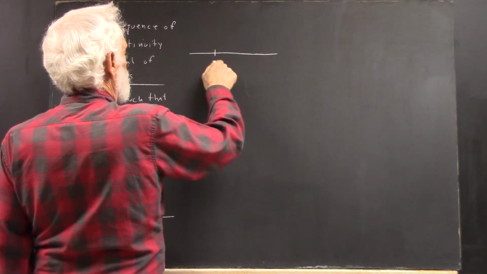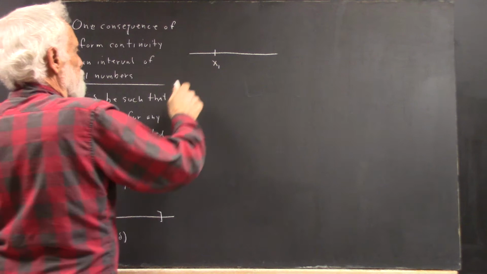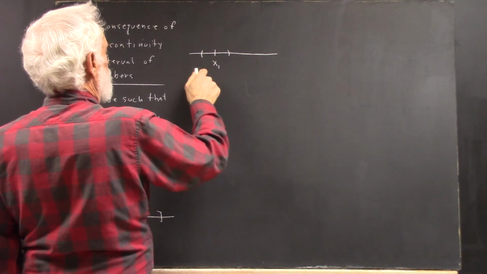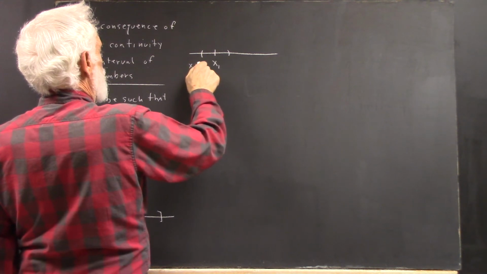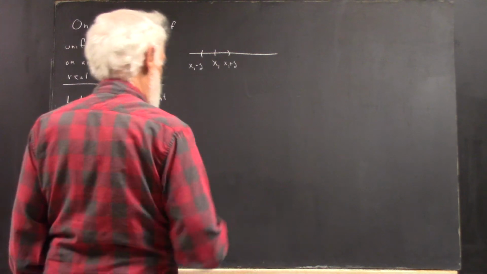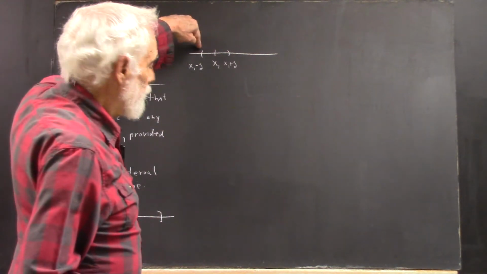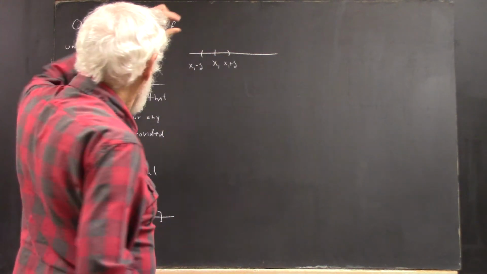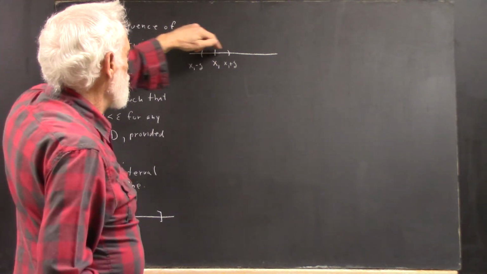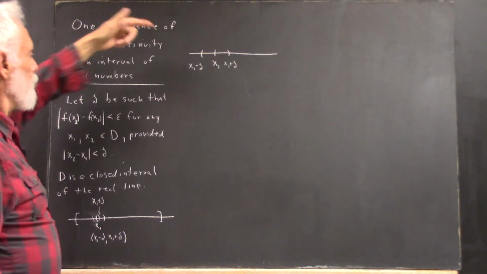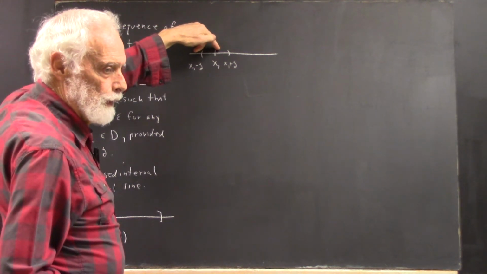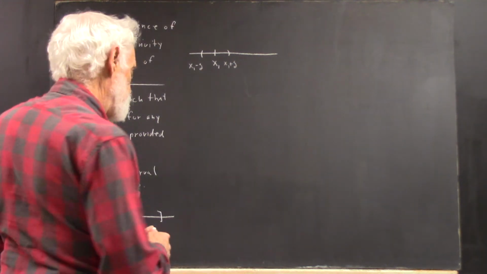Here's x1, here's x1 minus delta, here's x1 plus delta. So here's an interval around x1 within which, for any point, the function value at that point differs from the function value at x1 by less than epsilon.